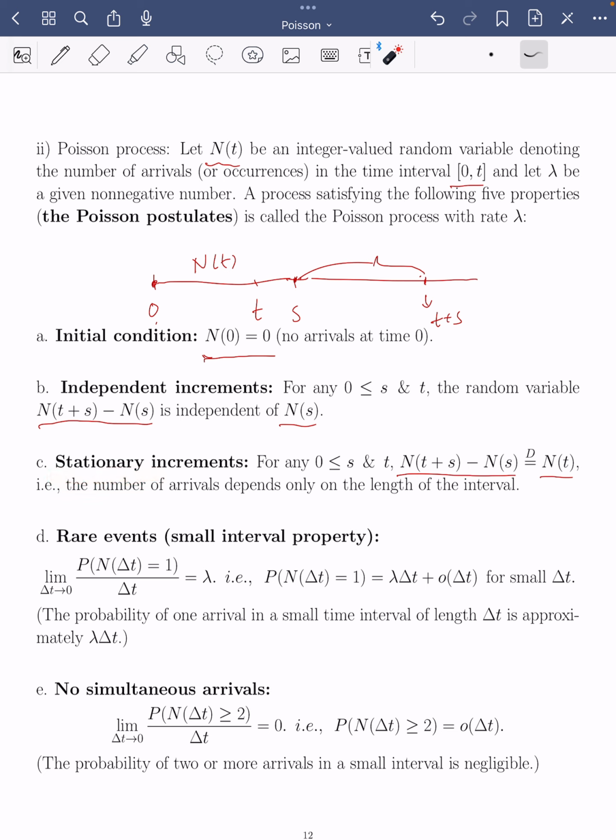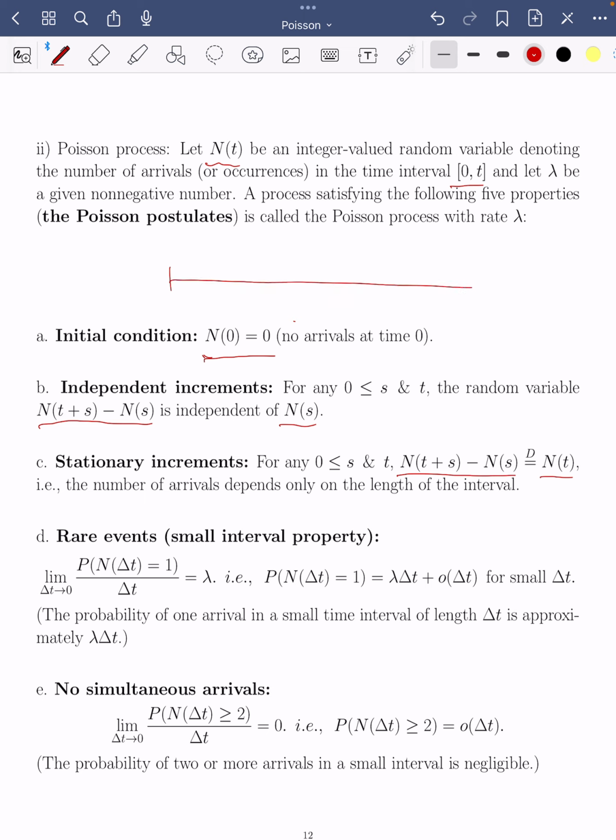If this condition is not true, then we may have the so-called non-homogeneous Poisson process. The fourth property is that now we focus on a very small time interval. So this is 0, and this is delta t. We focus on the number of arrivals in this short interval.